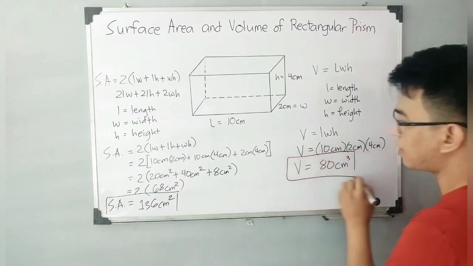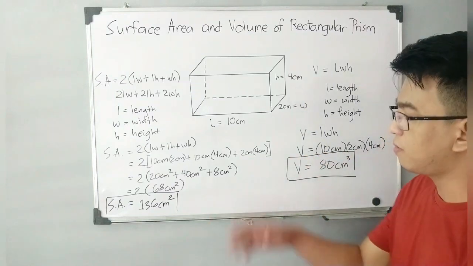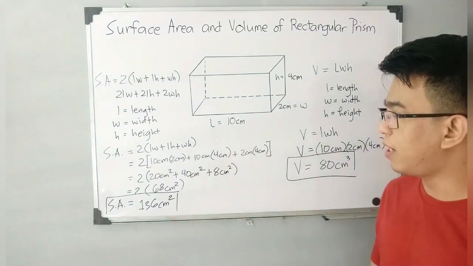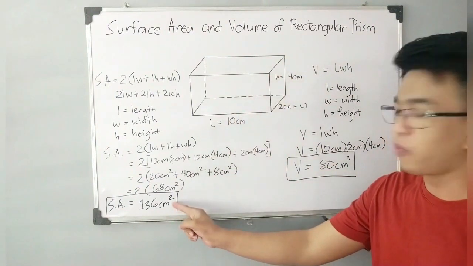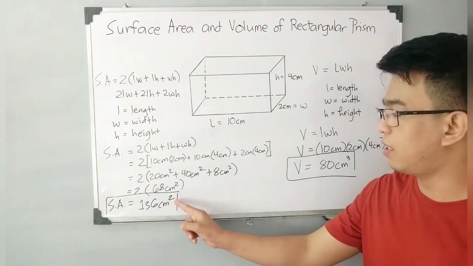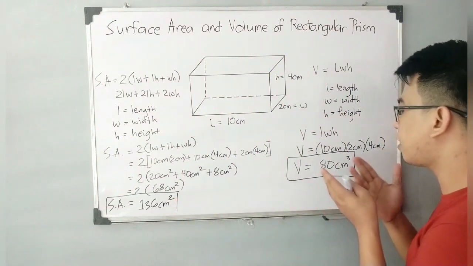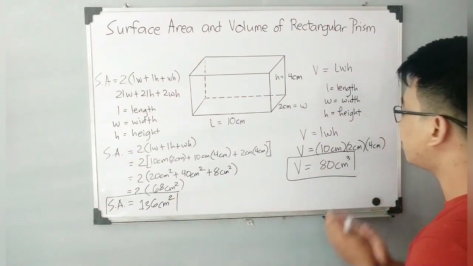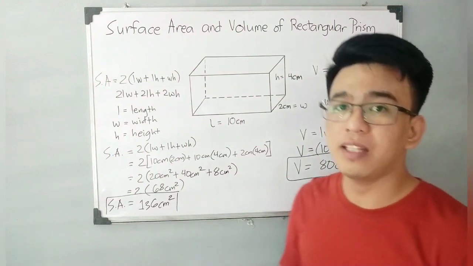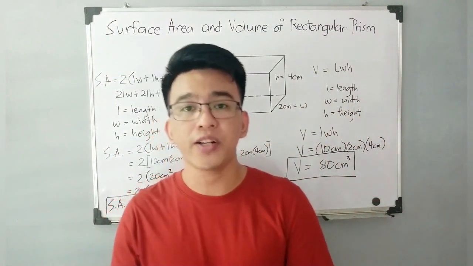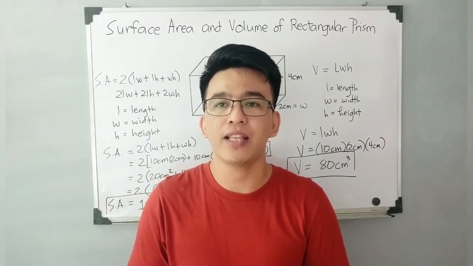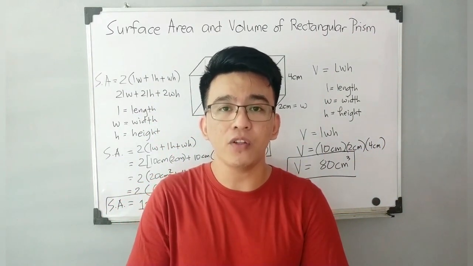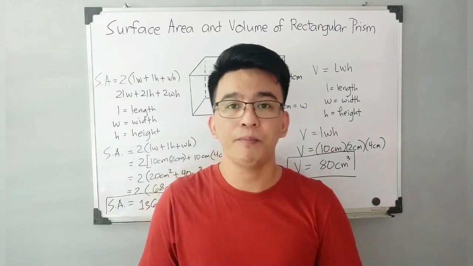Makita niyo yung difference kapag surface area, since sum siya ng two-dimensional faces ng rectangular prism, square lang yung kanyang exponent. And then for the volume naman, cubic naman tayo. So in the next part of our video, I'll be giving you another example para mas ma-master nyo yung way on how to calculate the surface area and volume of a rectangular prism.